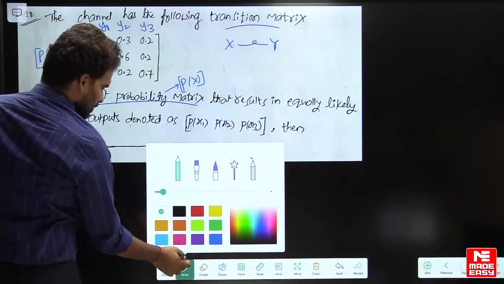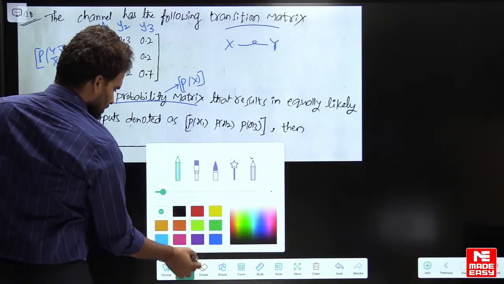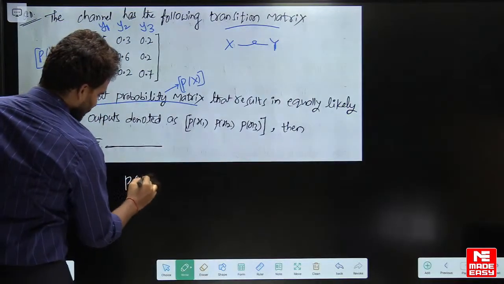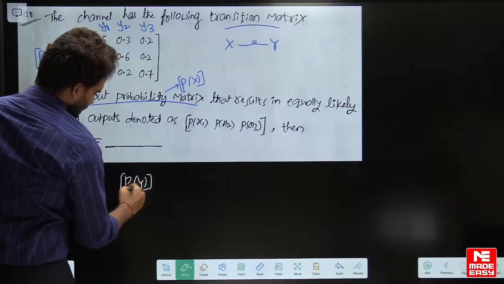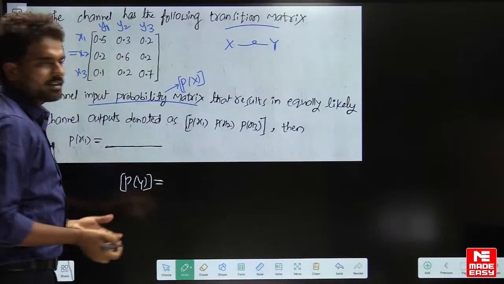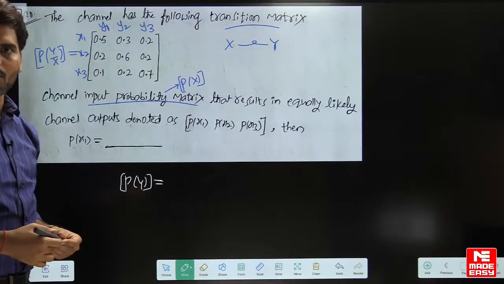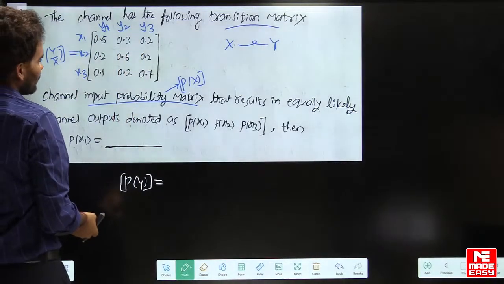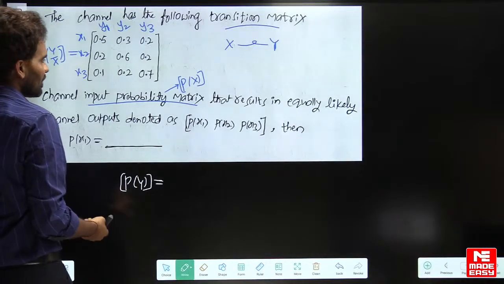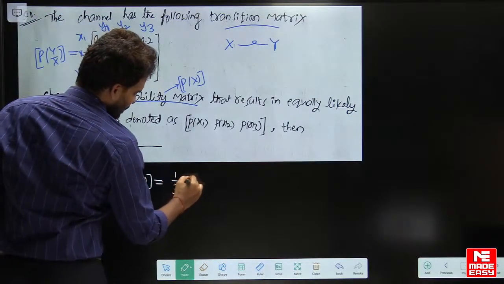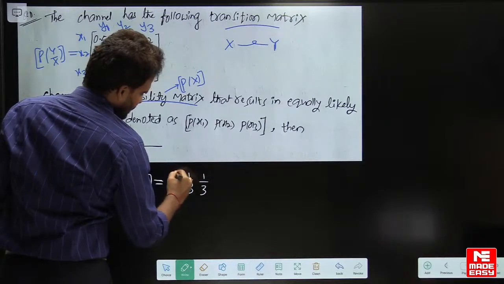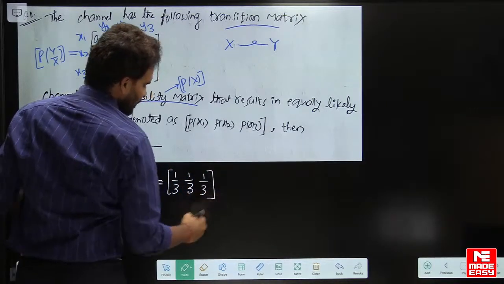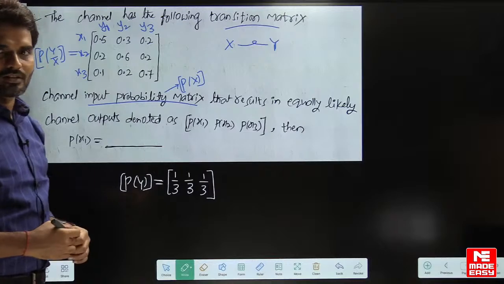So the P(Y) matrix is given. Equally likely channel outputs means equal probability. So 3 possible outputs, Y1, Y2, Y3, with equal probability, so that is 1/3 each. So P(Y) is also a row matrix only. P(X) and P(Y) both are row matrices only.